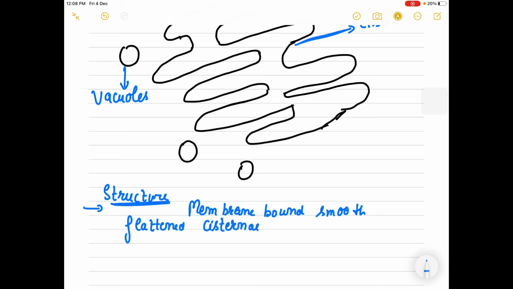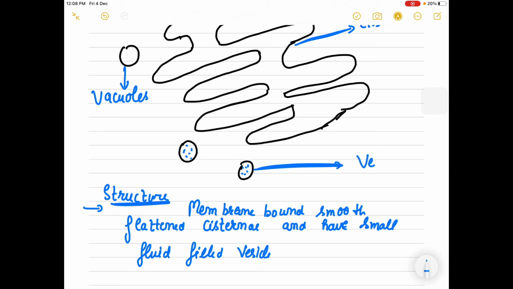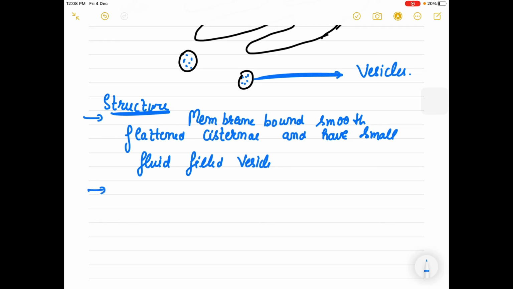So it has flattened cisternae, and it has small fluid filled vesicles as well as vacuoles. These are the vesicles which are fluid filled. Another point about the Golgi apparatus is they have their own DNA and ribosomes. It means it can make its own proteins.